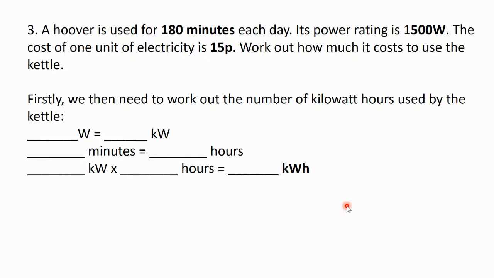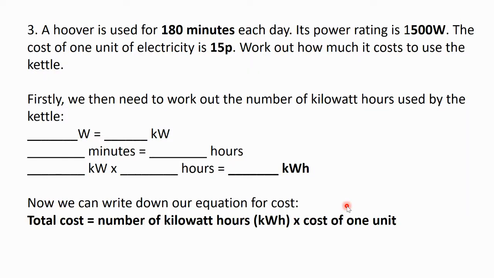Step 3, work out the number of kilowatt hours you've used by doing the kilowatts times by the hours. Step 4, write down your equation for cost. Cost is number of kilowatt hours times by the cost of 1 unit. And step 5 is to, of course, work out the cost, number of kilowatt hours times the cost per kilowatt hour.